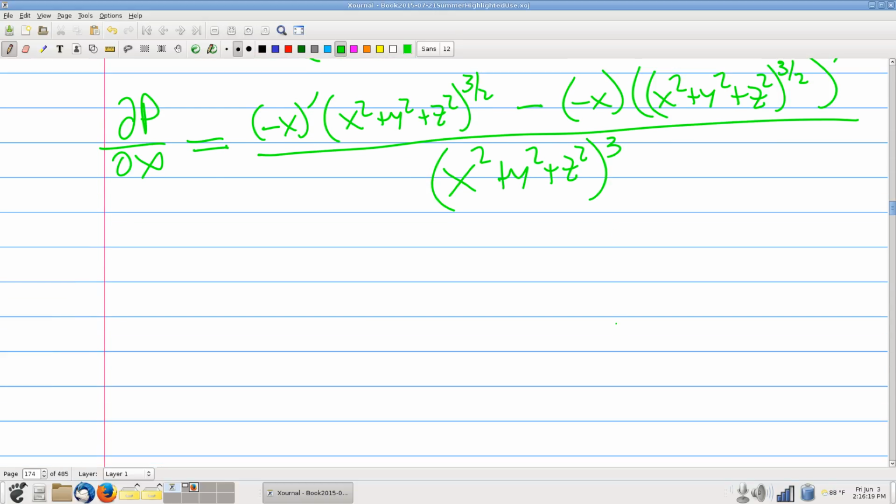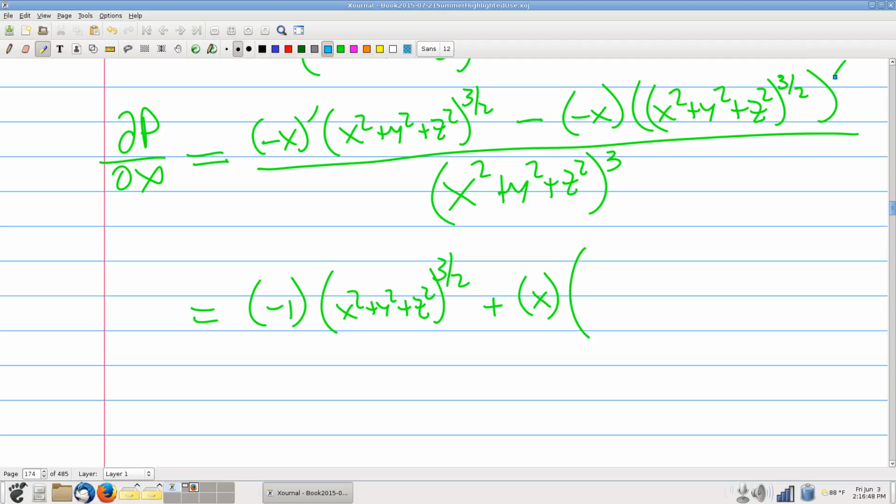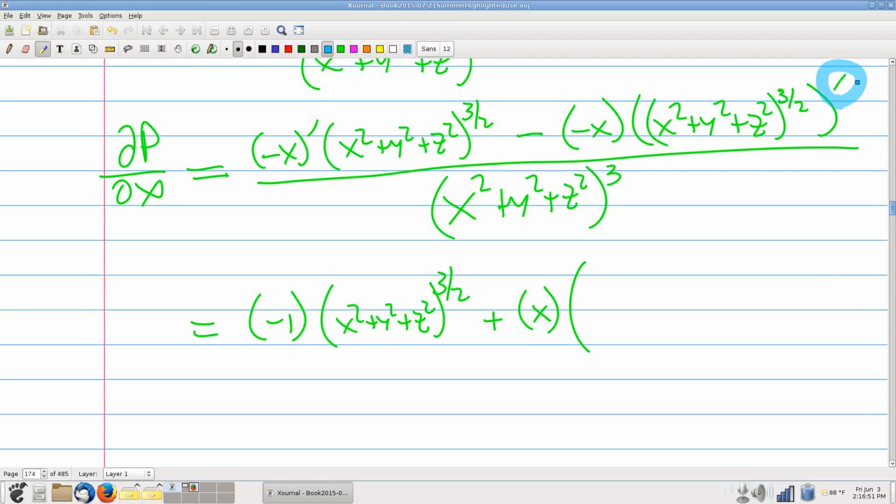So now let's follow the instructions that we've just written down here, and so I get negative 1 times x squared plus y squared plus z squared to the 3 halves. Now I have a minus and a minus, so I'm going to just rewrite that as a plus. x times, now I've got to take a derivative of that thing.